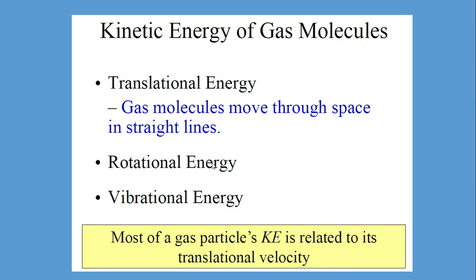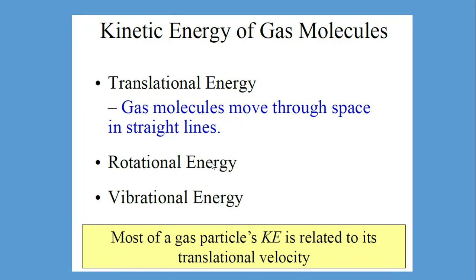And we've got the kinetic energy of gas molecules. Translational energy is basically when gas molecules move through space in straight lines. When they hit the wall of a container, they spin and keep moving in straight lines. Rotational energy is exactly what it sounds like, where gas molecules rotate in a fixed spot.